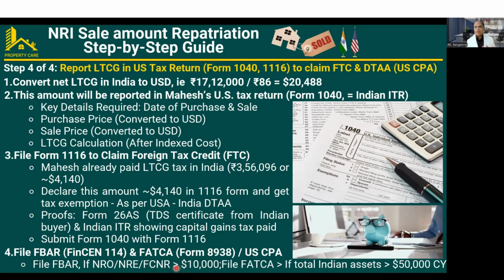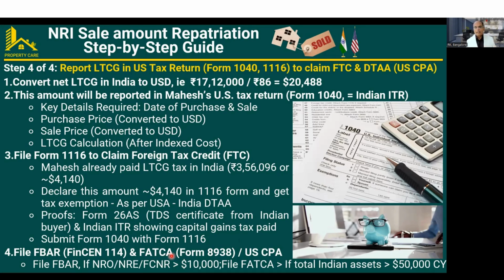You don't need to pay any tax to the US, but the US government needs to know that your account has crossed $10,000 in one calendar year. They calculate the financial year as the calendar year, January to December, whereas in India it is April to March. If on any day the balance crosses $10,000, it has to be reported to the US government.